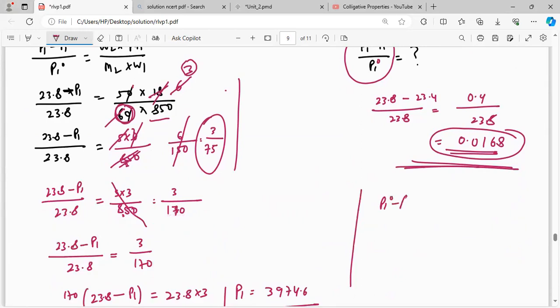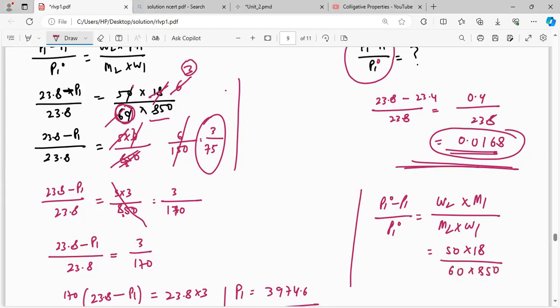P1 naught minus P1 upon P1 naught is equal to W2 into M1 divided by M2 into W1. W2 they have given 50. 18 divided by how much? 60 into 850.